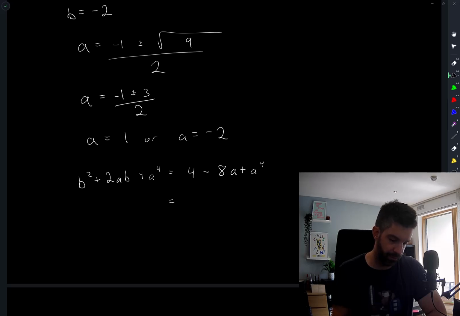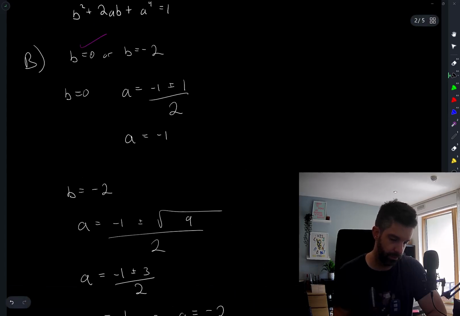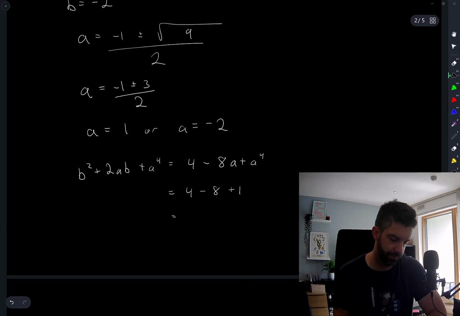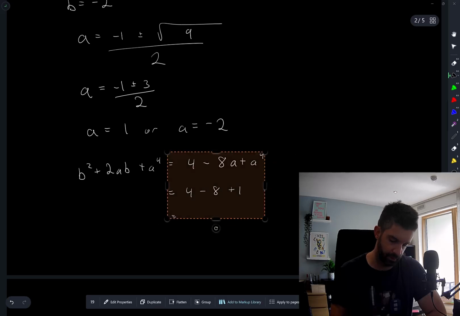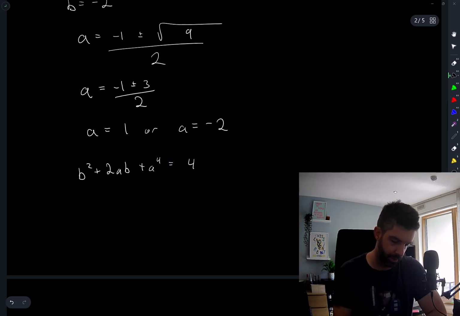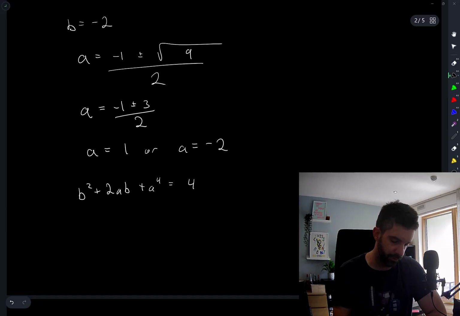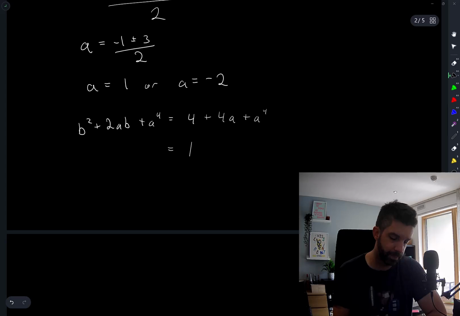And when a is equal to 1, this gives 4 minus 8 plus 1, but that's not equal to 1. Oh, sorry. Little mistake here. B is equal to negative 2, so this is plus 4a plus a to the 4. Okay, so if a is equal to 1, certainly this equals 1.